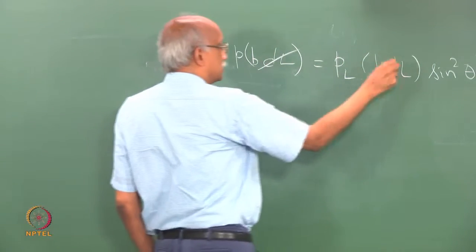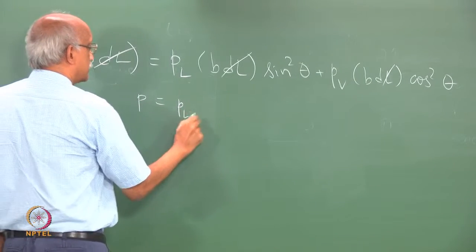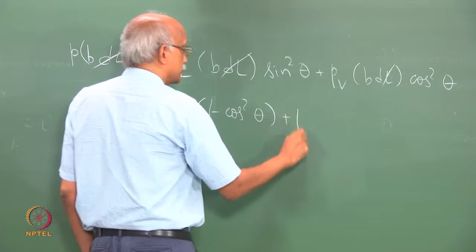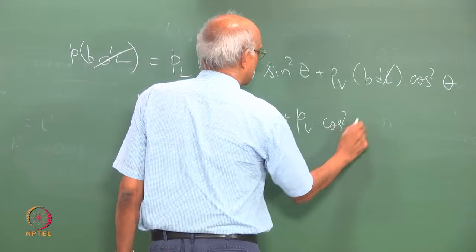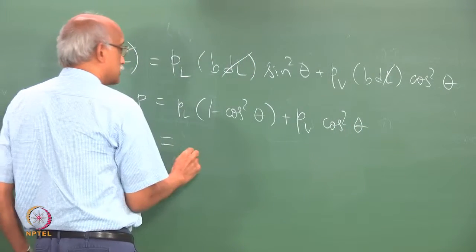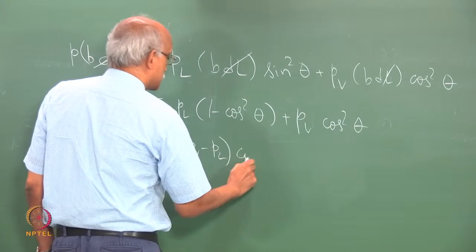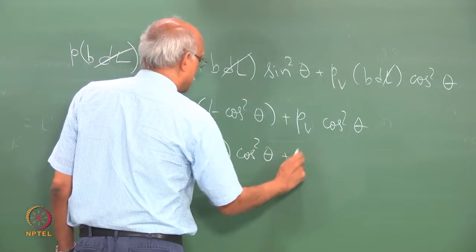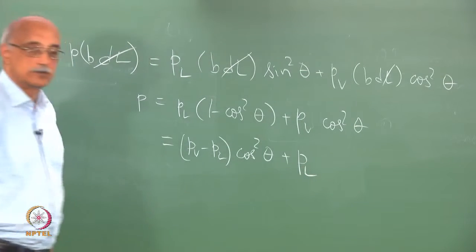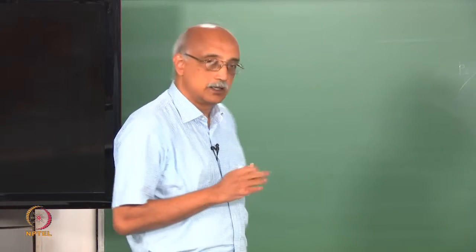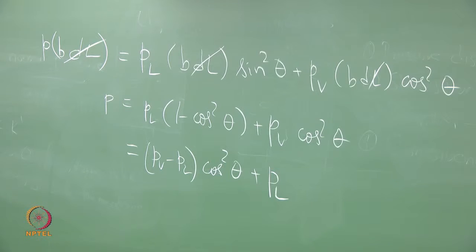Now, cancelling out the B dl's, P is equal to PL times, because you can write sin squared theta as 1 minus cos squared theta, plus PV times cos squared theta, or this is equal to PV minus PL times cos squared theta plus PL. Again, PV is the applied pressure, and PL is the pressure in a direction normal to it.